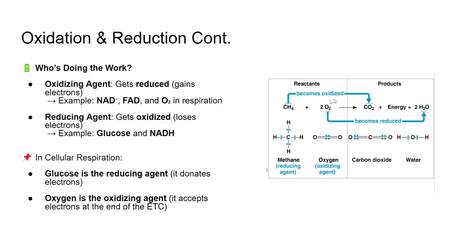So we connect the two, right? The reducing agent, which is CH4, will get oxidized into CO2, and then the oxidizing agent, which we determined is 2O2, will become reduced into 2H2O. If that makes any added sense, hopefully it does.